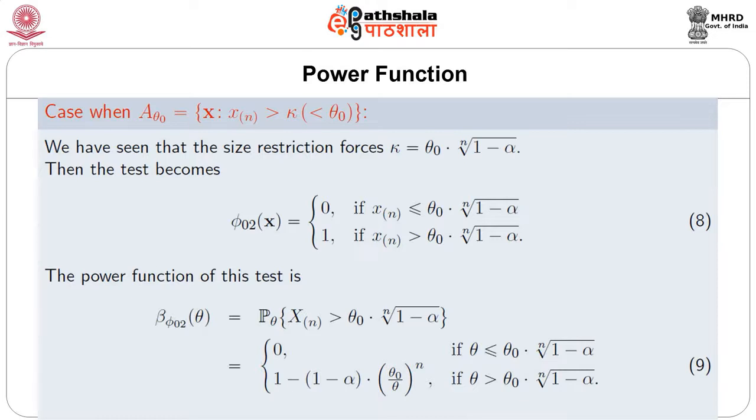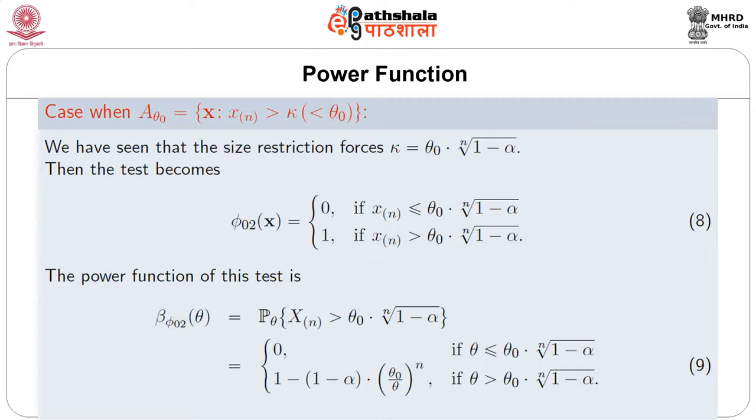So, the power function of this test is just 1 times the probability that x order n is greater than theta naught times 1 minus alpha to the power 1 by n. If theta is less than or equal to theta naught times 1 minus alpha to the power 1 by n, it is 0, because here theta naught times 1 minus alpha to the power 1 by n plays the role of b.